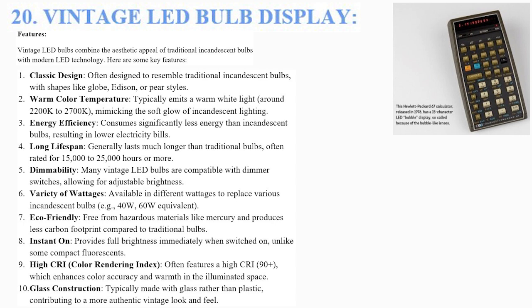Long lifespan, generally lasts much longer than traditional bulbs. Variety of wattages, available in different wattages to replace various incandescent bulbs. Eco-friendly, free from hazardous materials like mercury and produces less carbon footprint. Instant on, provides full brightness immediately when switched on. Glass construction, typically made with glass rather than plastic, contributing to a more authentic vintage look and feel.